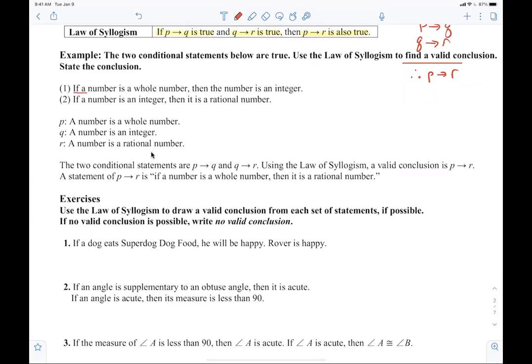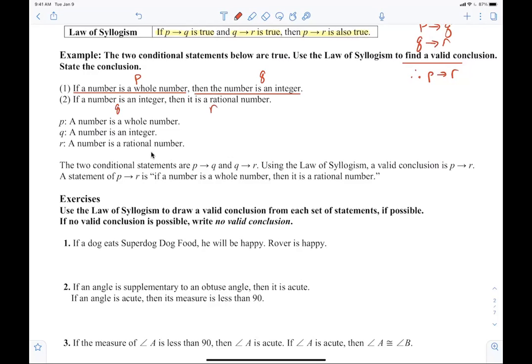So here, let's just practice. If a number is a whole number, then the number is an integer. So if a number is a whole number is what? P. Then the number is an integer is Q. If the number is an integer, Q, then it is a rational number, R.